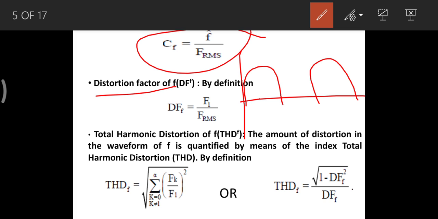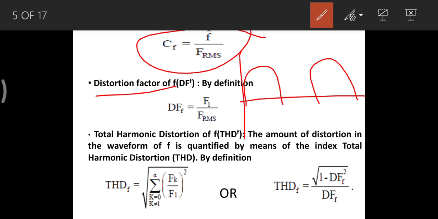That means actually this is the output we have to get from the device we used, but in a practical situation certain disturbances occur in the output waveform. So this is considered as the distortion factor. How much disturbance or distortion has occurred in the given waveform is considered as the distortion factor.